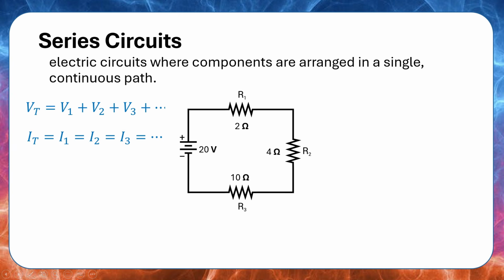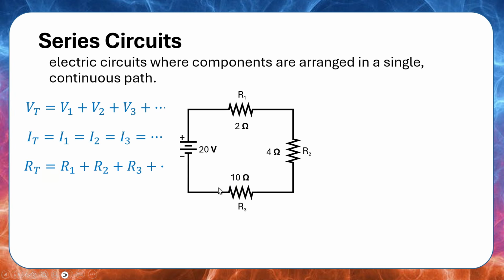So the total current is equal to current 1, current 2, and current 3, and so on. And last one, the total resistance is just the sum of all the resistances in the circuit. So if we have R1, R2, and R3, add them up, and that's your total resistance.